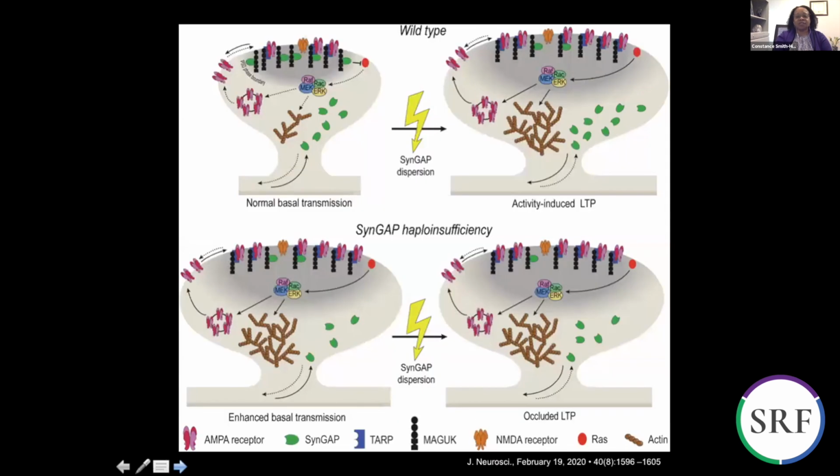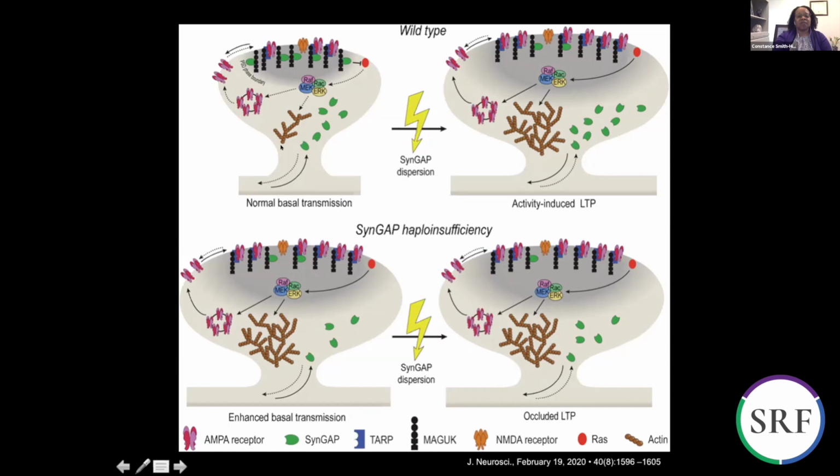You've also heard a lot of conversations about the Syngap protein and its role in synaptic plasticity, activity-induced LTP. The model that I'm showing here is out of Rick Huganir's group, and Mary Kennedy shared with us that there are some differences between her model and his, primarily as it relates to the Syngap protein at the basal state and its interaction with RAS.